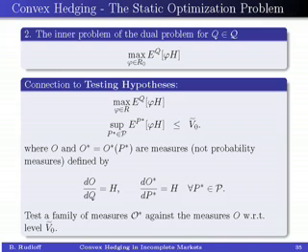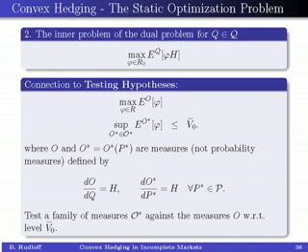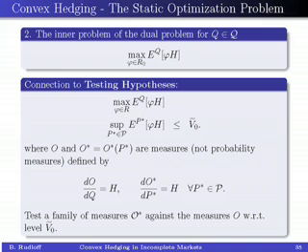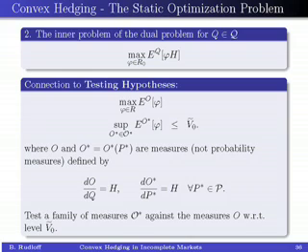And we could rewrite this problem if we define two measures, O and O star, by taking the Radon-Nikodym derivative equal to H. Then this problem turns into a kind of generalized test problem. We use the density to replace Q by O, and to replace P star by O star.